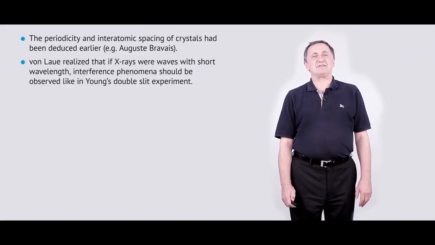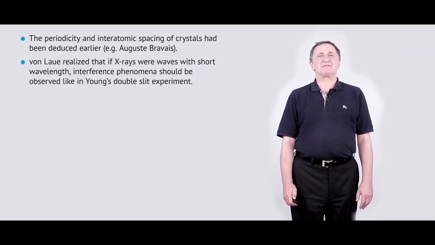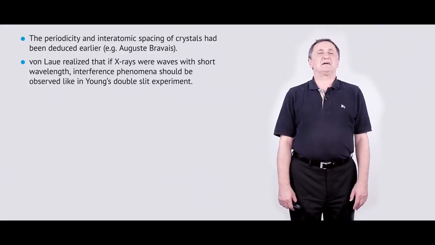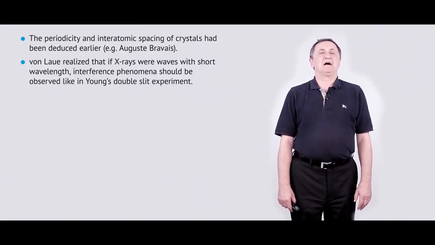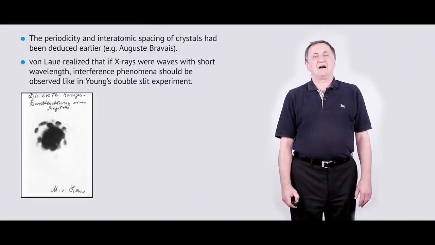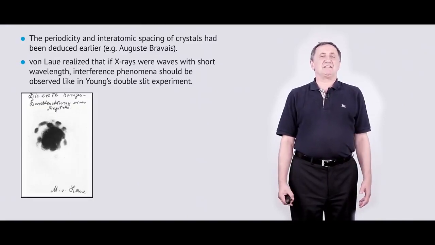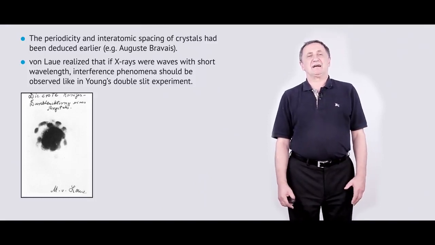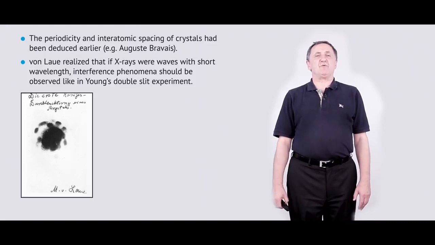So having these X-rays in hand, Max von Laue, based on the idea explained by Bravais, we already talked about the Bravais lattice, that indeed every crystal structure is a nicely arranged number of slits, if you want.